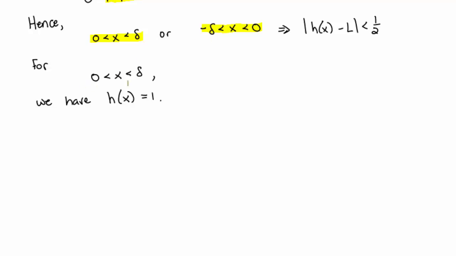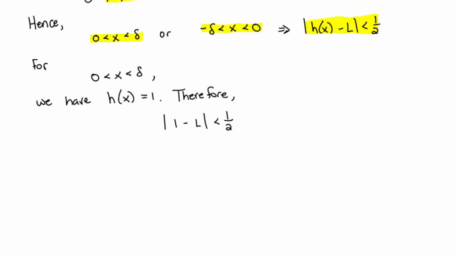In the first case, if x is positive, then our function is 1, and so the distance between 1 and L is less than 1/2. That's just stealing this notation here again, because we're assuming that the limit is true. Therefore, if x is between 0 and delta, this limit still has to be true.